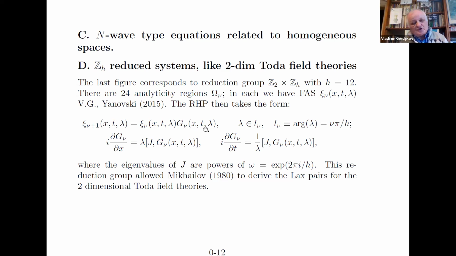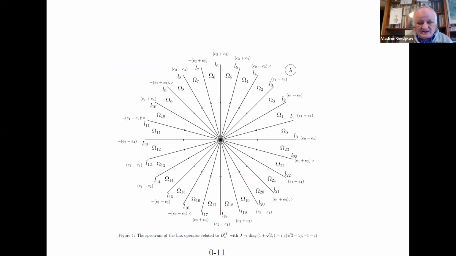And of course, all these relations must be invariant under the Mikhailov reduction group, which in fact acts like that. It takes L0 and takes it to L2.